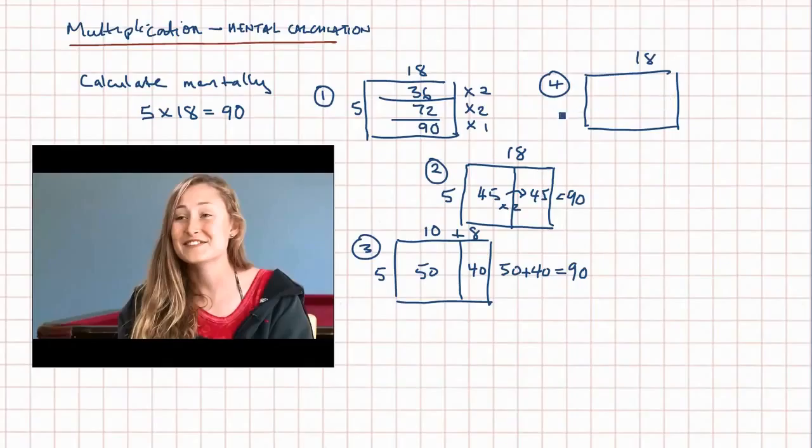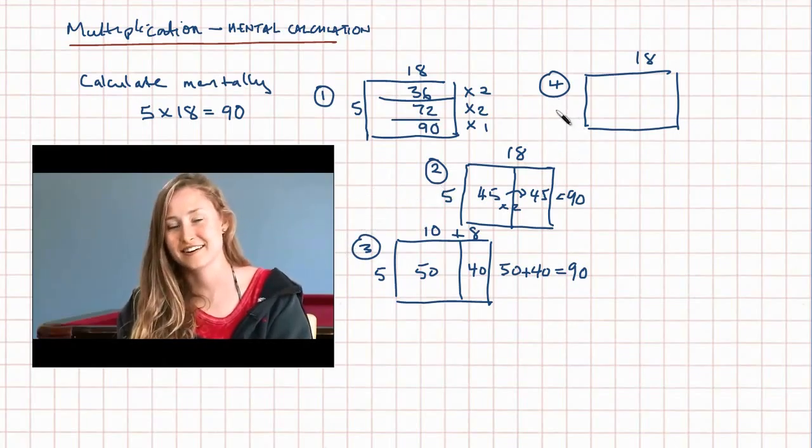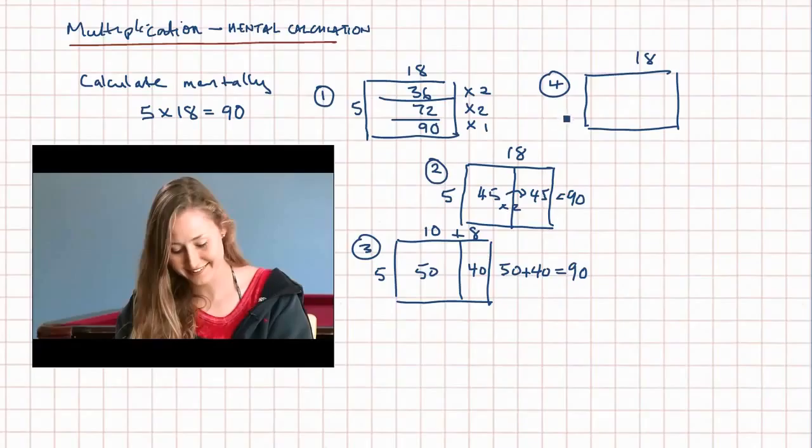But this time, one of the students said that what they were doing was thinking of 5 as simply 10 over 2, 10 divided by 2, in other words.